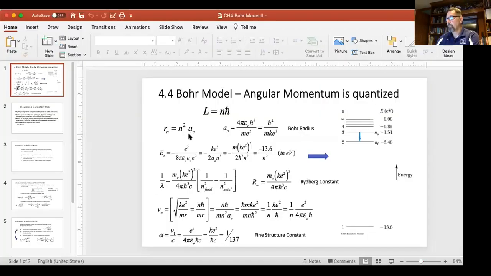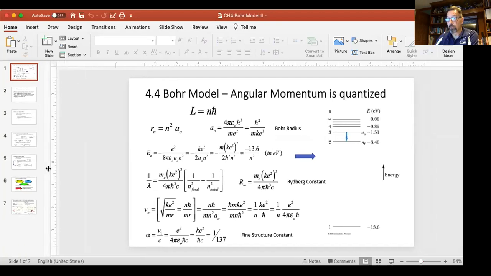Okay, so there's the Bohr model. And it all comes from Bohr's assumption that angular momentum is quantized. And we came up with two conclusions about where the electron in a hydrogen atom might be located. The first place is for the lowest energy electron that a hydrogen atom could possibly have.